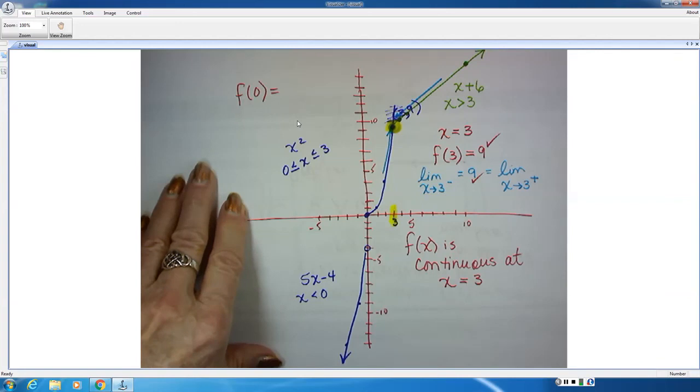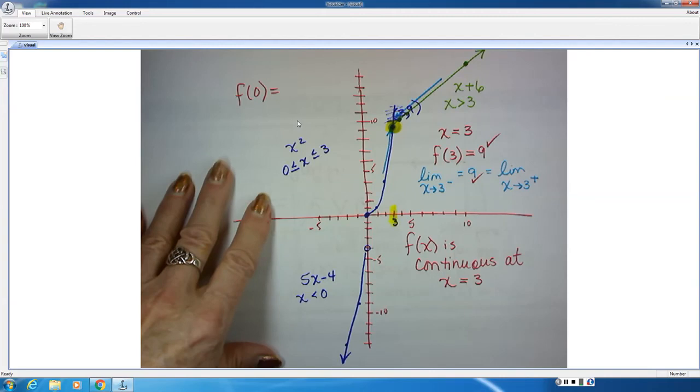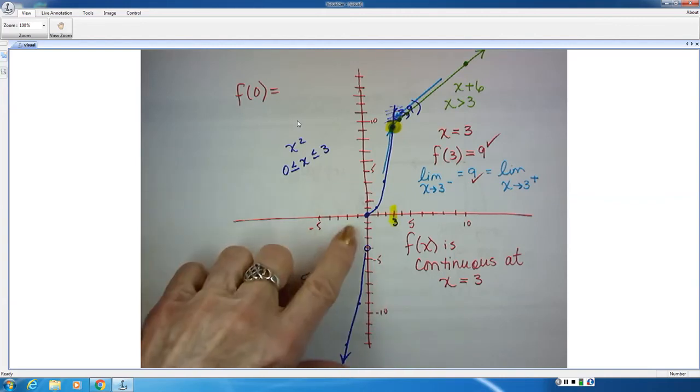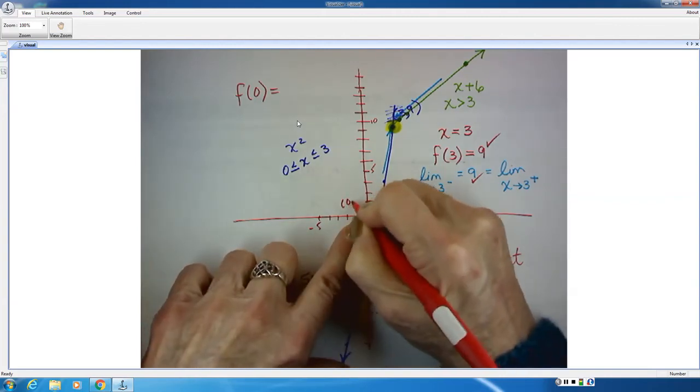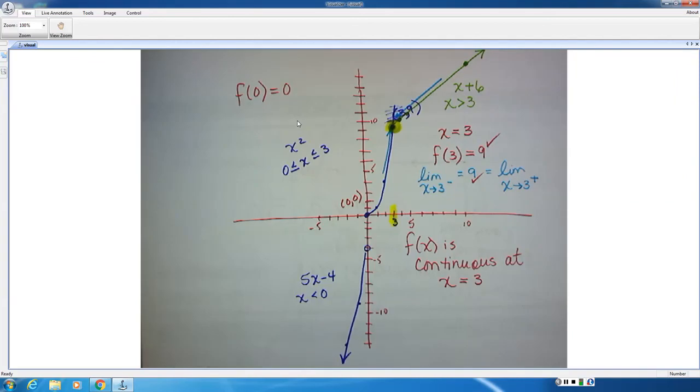What is f of 0? Just to find out the origin. Okay, it's defined at the origin, 0, 0, so Colin's right. Okay, f of 0 is equal to 0. Because 0 is in the middle part of that domain between 0 and 3. It's included in that second piece.